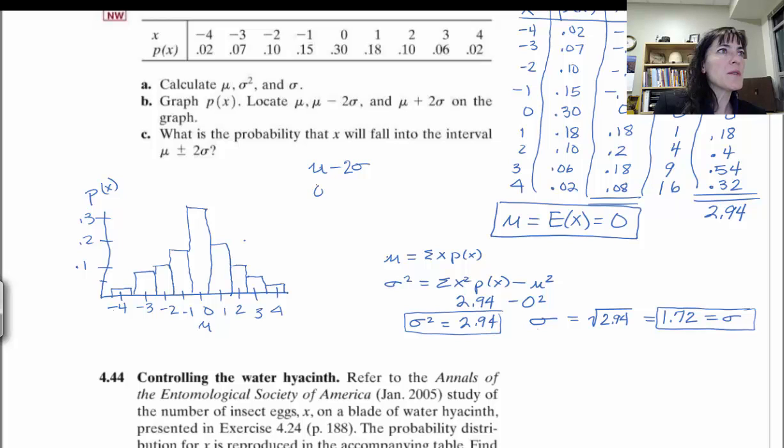So mu was 0 and minus 2 times 1.72 is going to be negative 3.44. So let's try it. 1.72 times 2, 3.44.